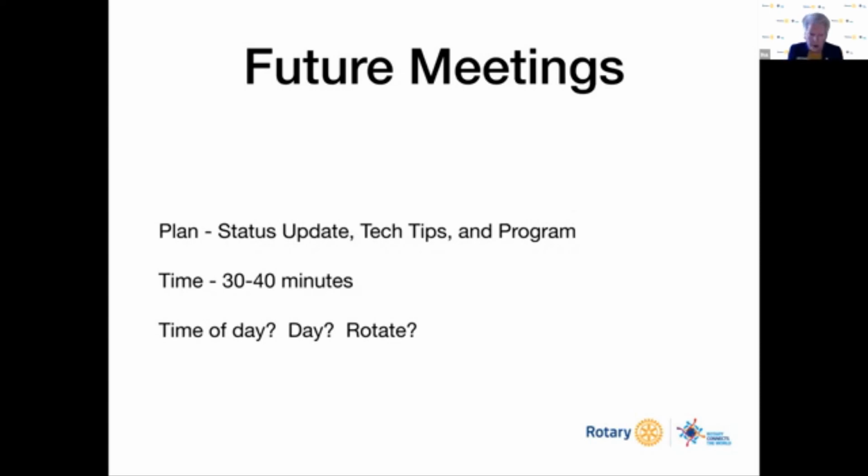So I'm thinking we could run a 30 to 40 minute program over the next few weeks through April, once a week, to help keep us together, keeping the district in contact with clubs, and also providing some program information. Some of the programs are like volunteer fatigue.